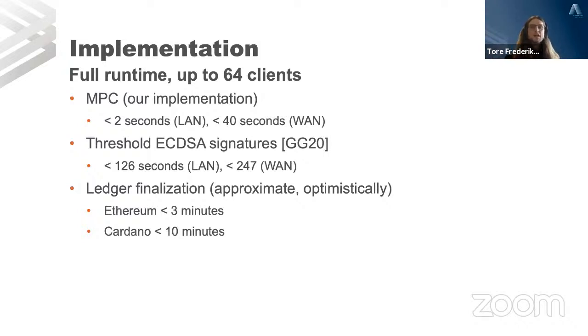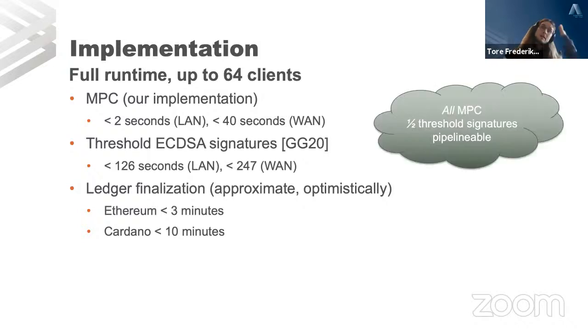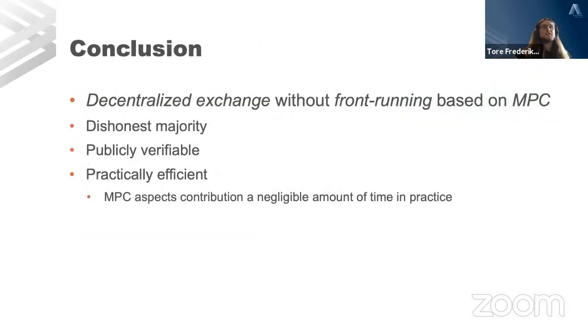So this turns out to actually be the bottleneck, in particular when we take into account that all the MPC and half of the threshold signatures are basically pipelinable while we wait for the blockchain finalization in an optimistic setting. So we actually end up with something that's quite efficient in practice compared to the framework we already have to work with.